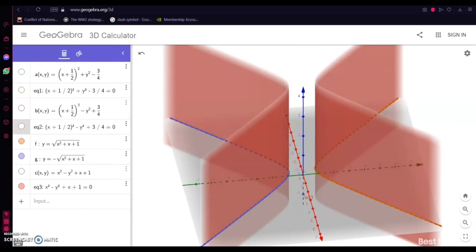I think the biggest example, through what I was able to look at perspective-wise, is this one. If we look at it from here, it looks like this. Well, if we look at it from the top, look how it looks.